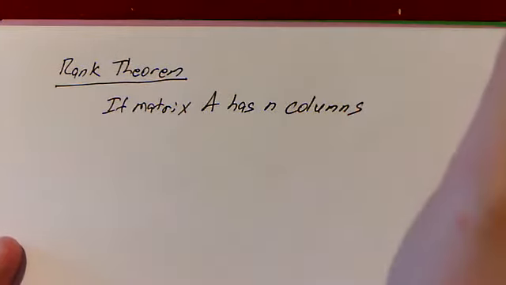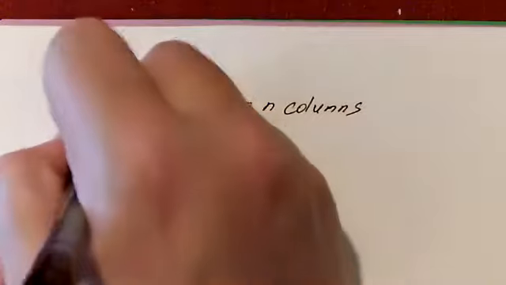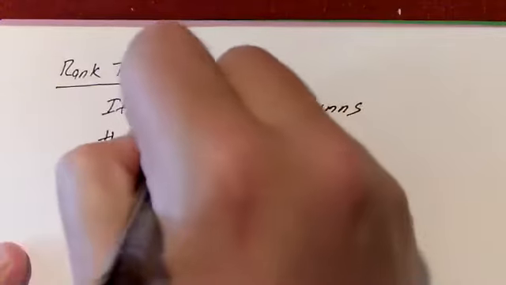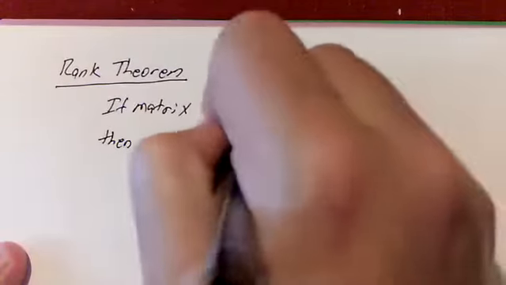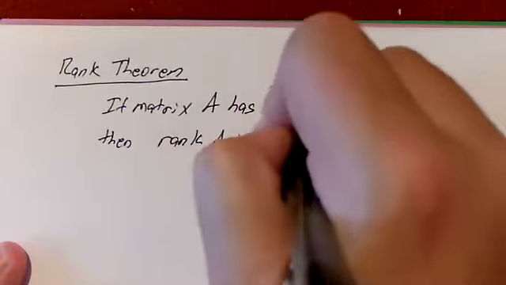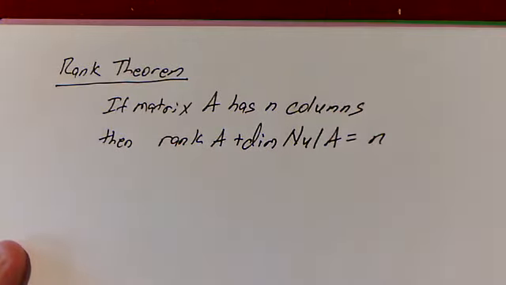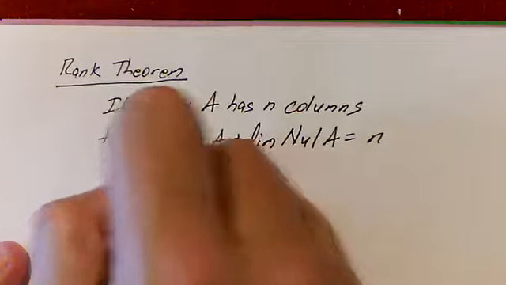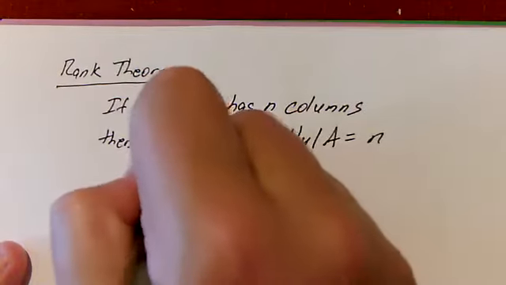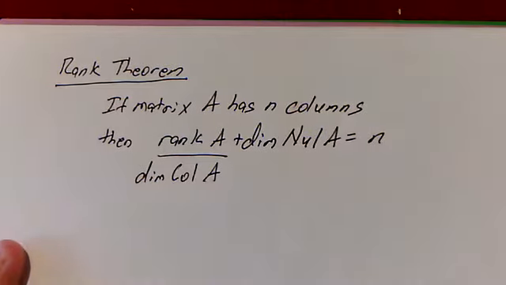We typically write a matrix as m by n. Then the rank of A plus the dimension of the null space is equal to that number of columns n. And remember that the rank of A can be written as the dimension of the column space.